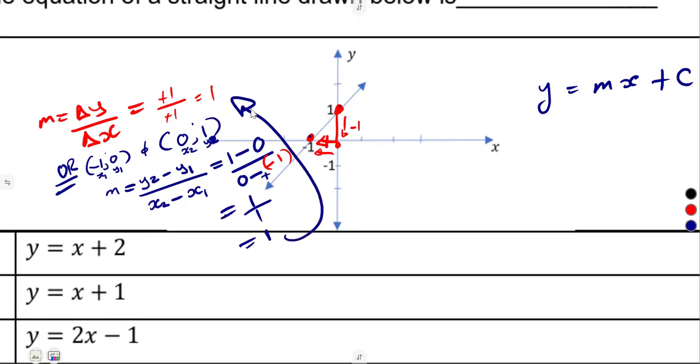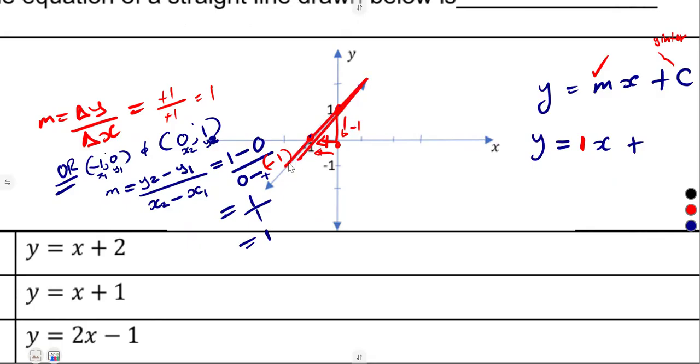So you're going to have 1. As you can see, we've got the same gradient. It is up to you the way that you get your gradient. So with that gradient, substitute it in place of what? In place of m. So y is equal to 1x plus c, with c representing the y-intercept. Our graph crosses the y-axis at what?